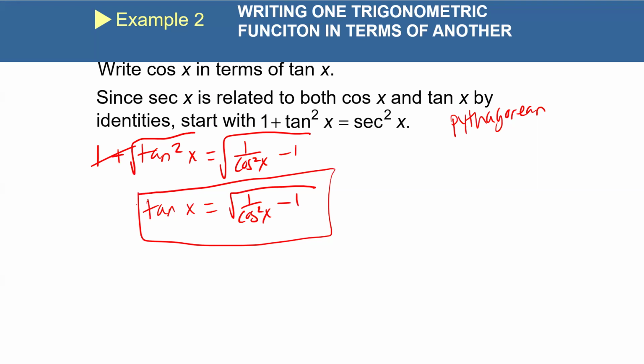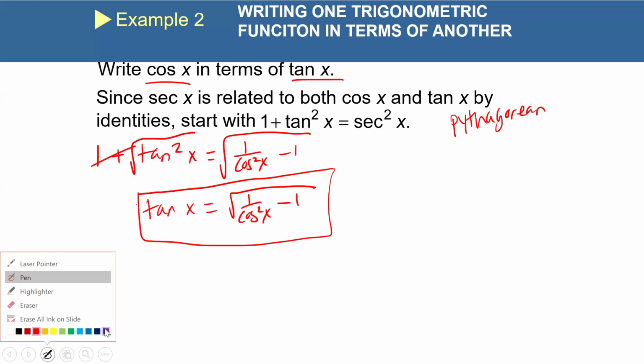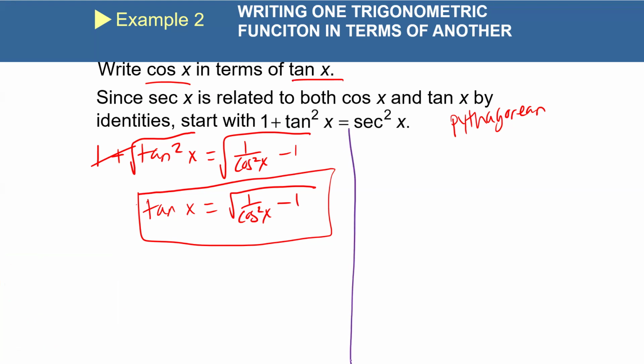Because it said write cosine x in terms of tangent. Oh, I went the wrong way. We'll do both. So now, what if I wanted to get cosine by itself? We were here at 1 plus tan squared x equals 1 over cosine squared x.